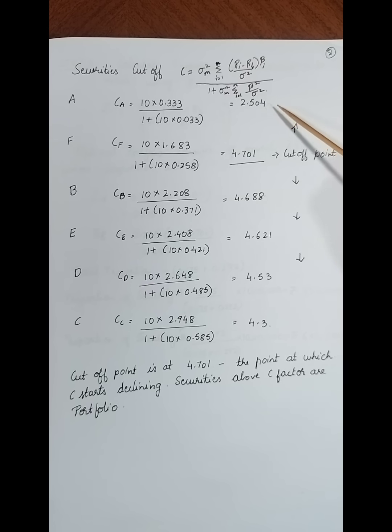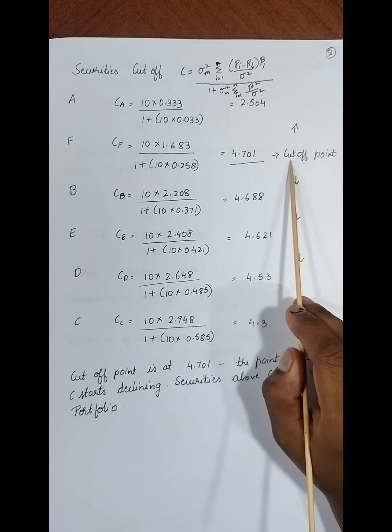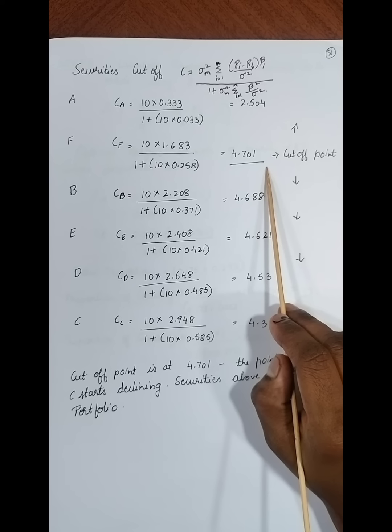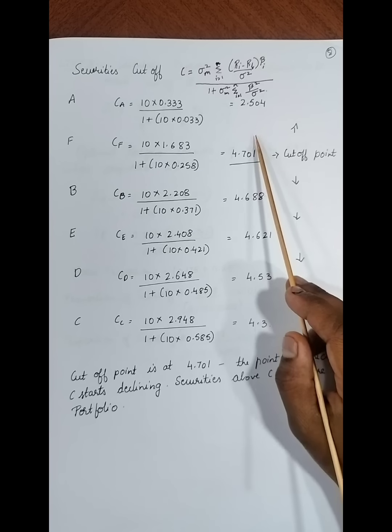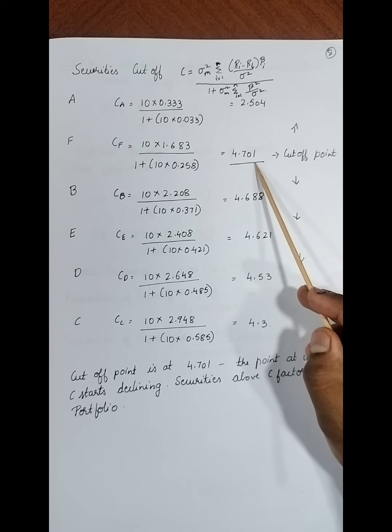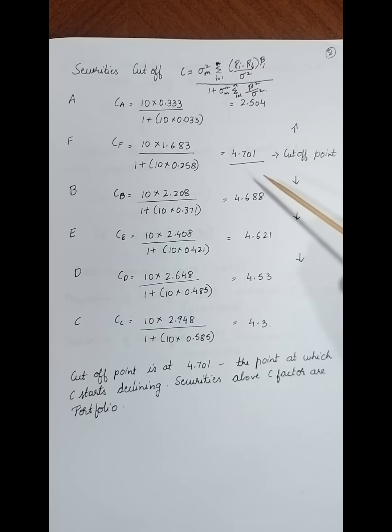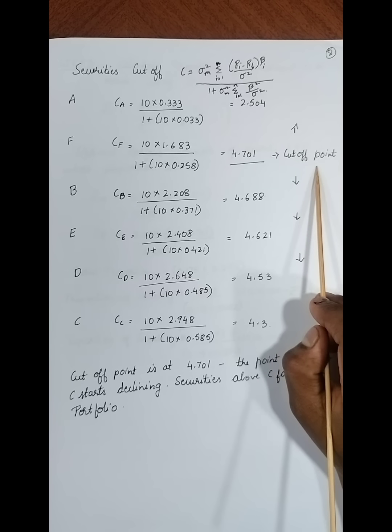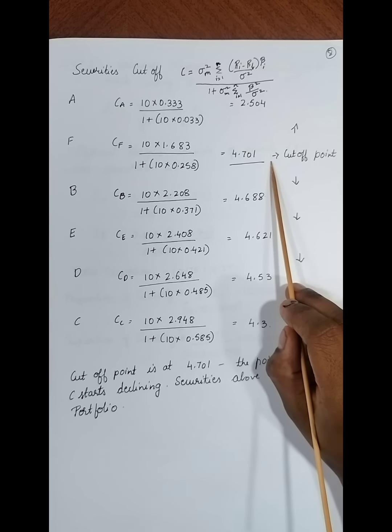Now if you observe, 2.504 is increasing to 4.701, but after that the value has decreased to 4.688 and it has been decreasing. So we take the cutoff point as the point till where the values are increasing, and when the values start decreasing, we mark stop there. So this is your cutoff point.